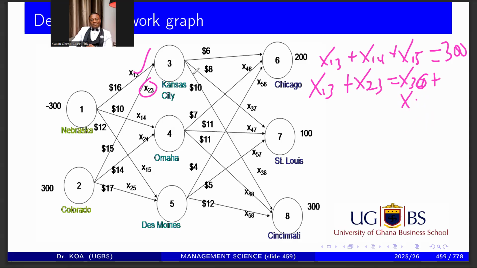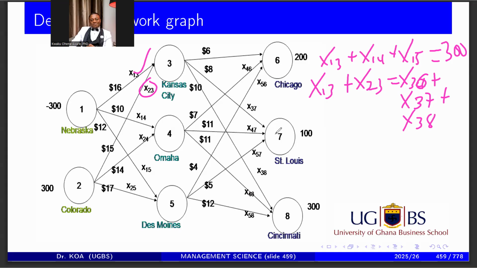So you have the first one here, which is x36. Then you have x37, it's actually 37. And then the last one is x38. That is the third constraint.